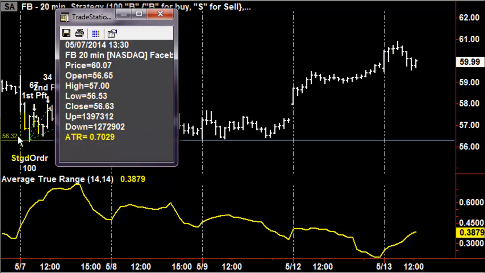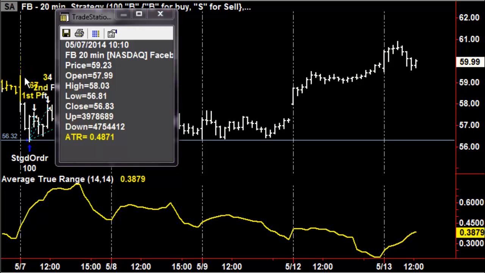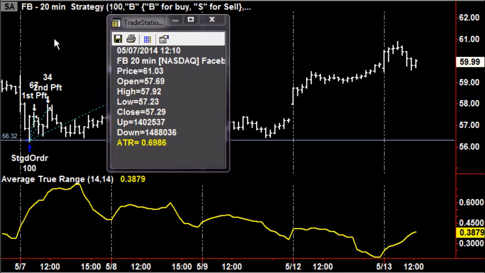So at this point where we want to have the orders start showing up in the market, the average true range is 0.48. Here it is 0.62. Here it is 0.69. And a good rule of thumb is to place your order at 3 to 4 times the ATR distance from your entry point.